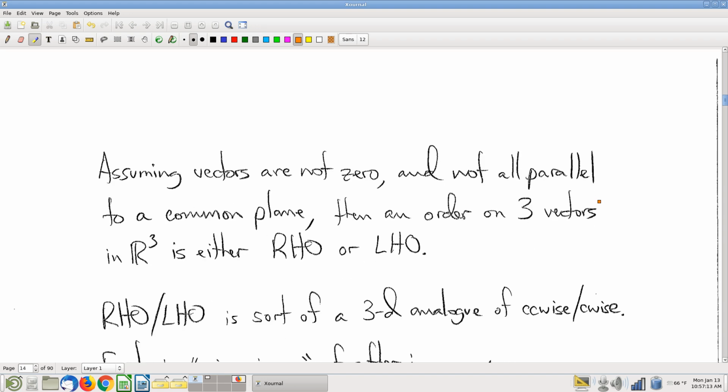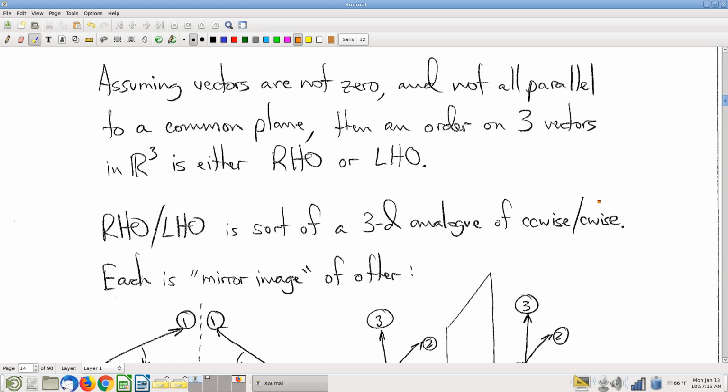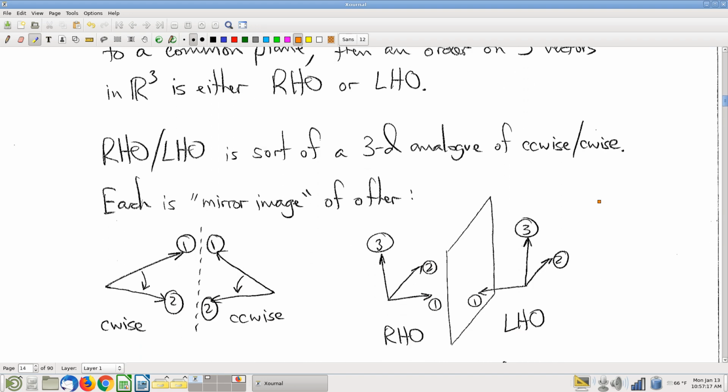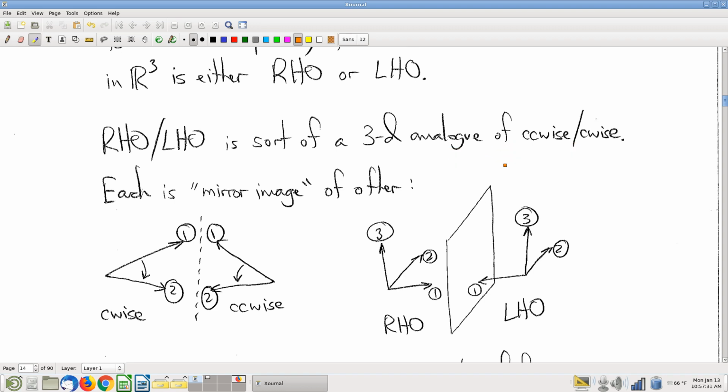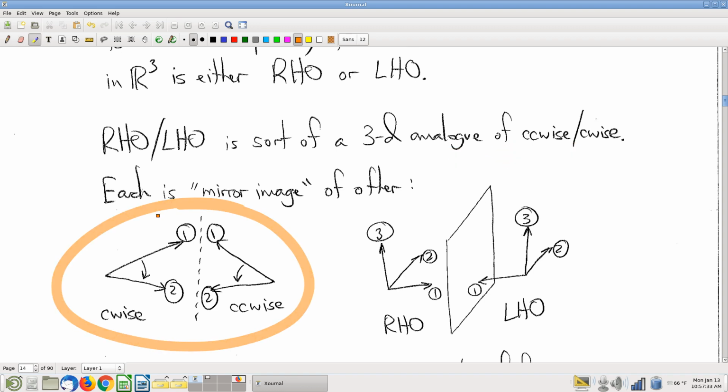So this is what I like to call a 3D analog of clockwise-ness and counterclockwise-ness. It's the notion of right-hand order versus left-hand order. Pretty clever idea. Just like clockwise and counterclockwise, they are mirror images of each other.